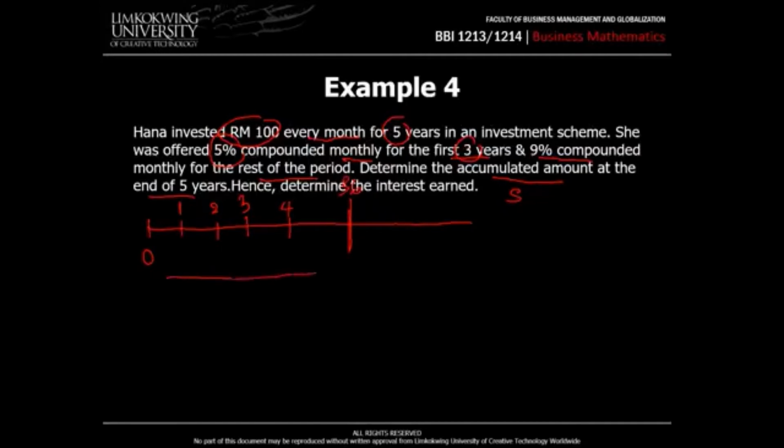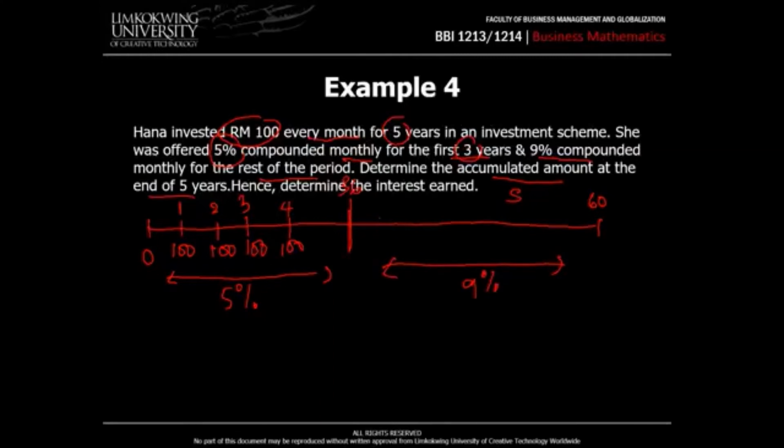For this one, the interest is 5% compounded monthly, and every month she invests 100 ringgit. The remaining is for the 5 years, so 60 months. In the remaining months, it is charged at 9%. Then 36, 37, 38, 39, and so on. She still invests 100 because it is not mentioned that she stops the investment.